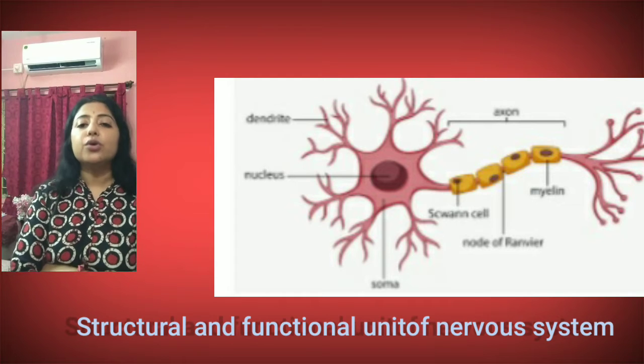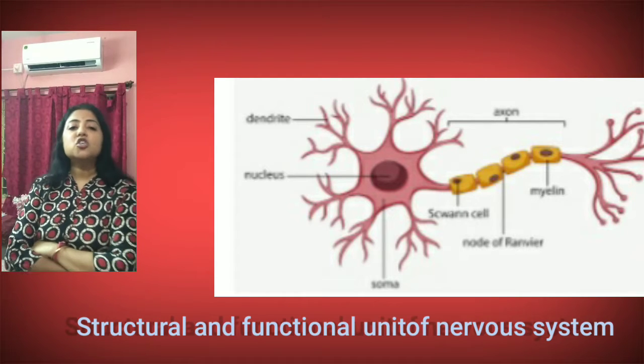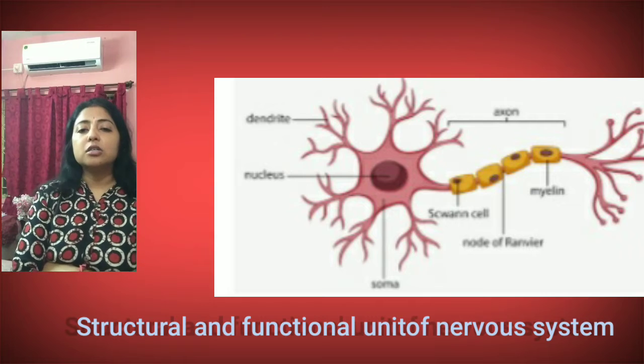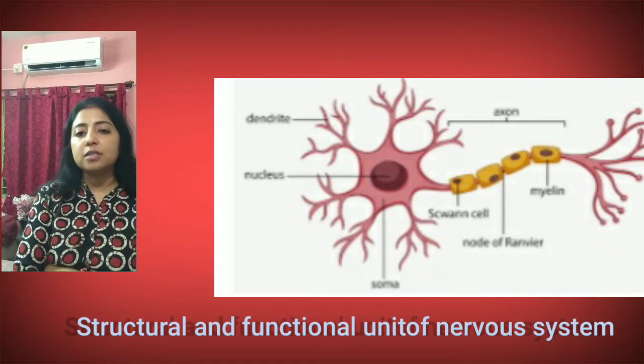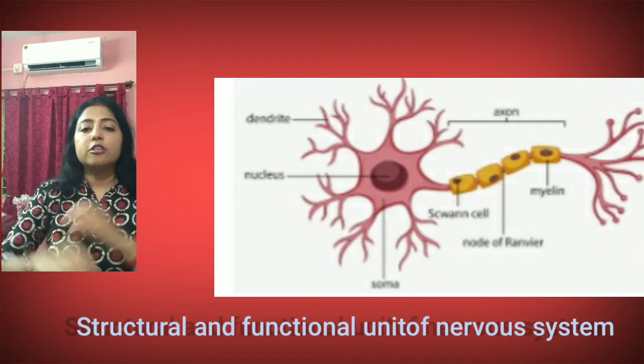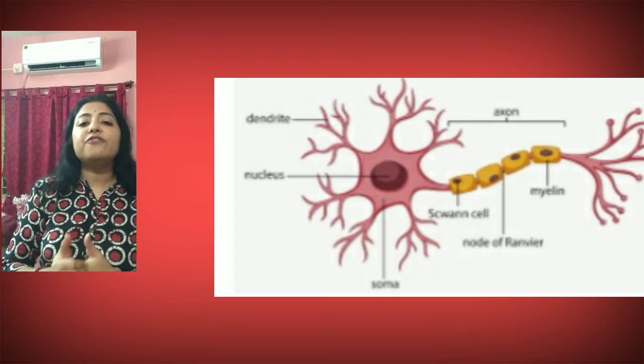Clear? So neuron is the structural and functional unit of nervous system. Different neurons will be forming the basic structure and they will perform their functions. They will just transmit the electric impulse.